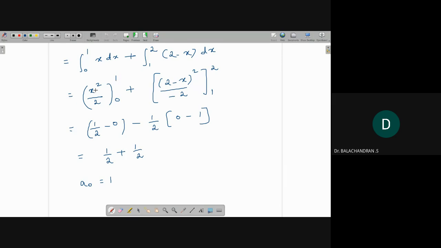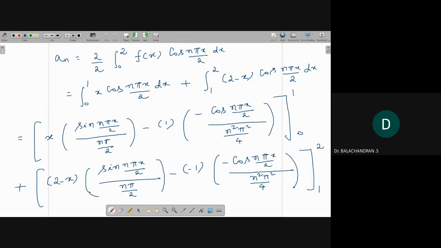So upper limit 1 by 2, lower limit is 0. I took minus 1 by 2 commonly. When x is equal to 2, 2 minus 2 is 0, upper limit. When x is equal to 1, 2 minus 1 is 1 square is 1. So 1 by 2 plus 1 by 2. So a0 equal to 1.